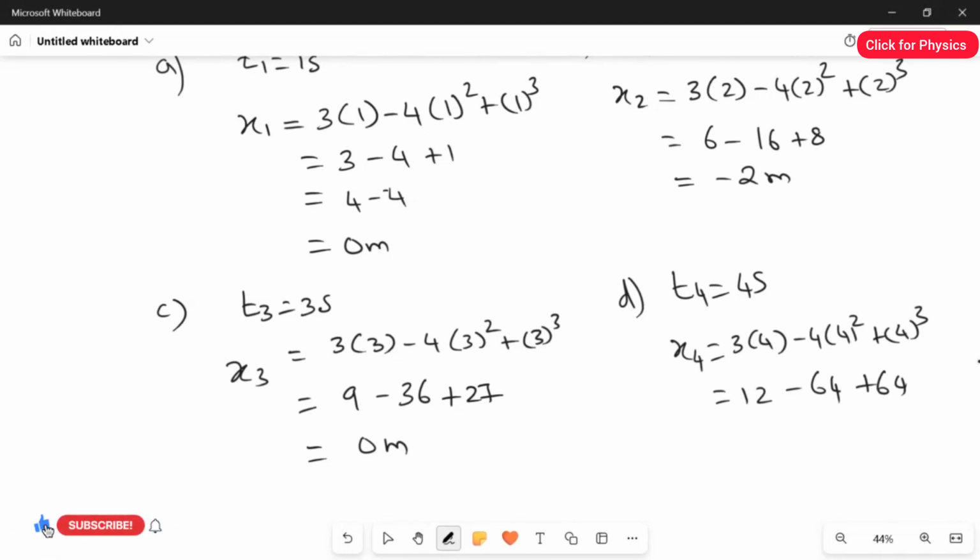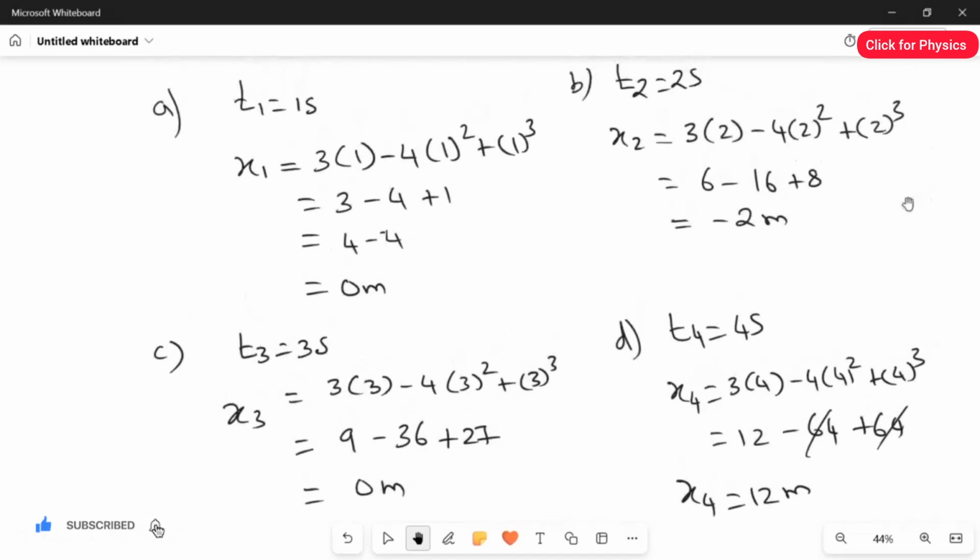So plus 64 and minus 64 get cancelled. So the value for x4 here is 12 meter. Clear? So we got the positions x1, x2, x3, x4, for the time values from t1 equal to 1 second to t4 equal to 4 seconds. That means we found the position for the 4 time values.